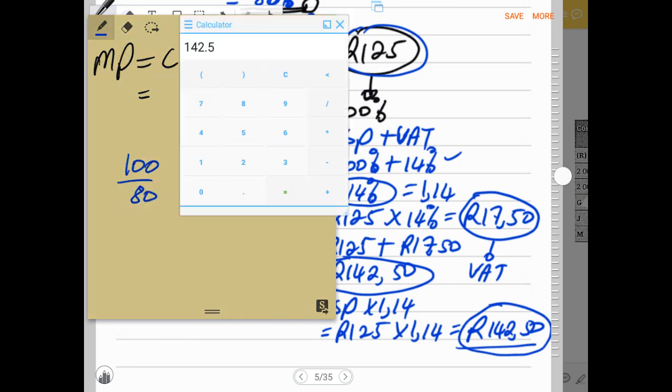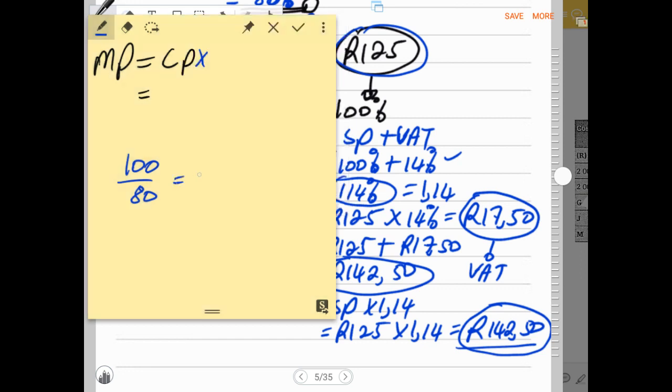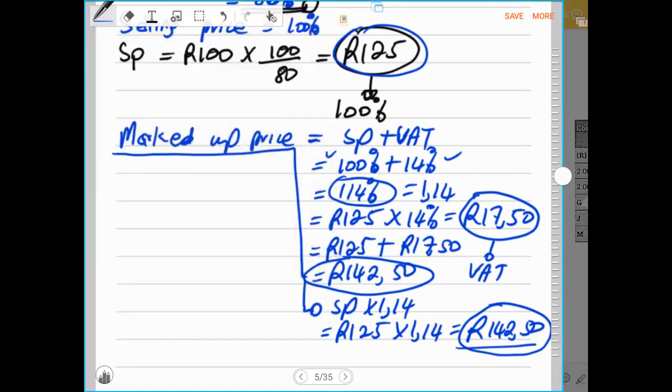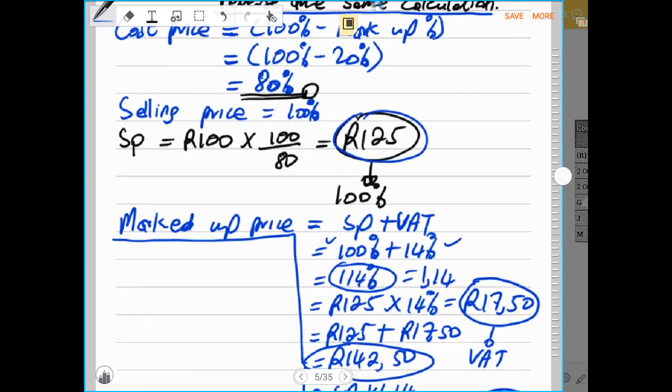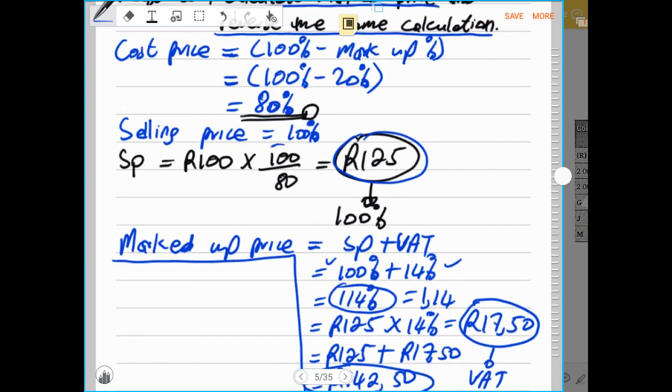Let us check what decimal that will be. 100 divided by 80 will be 1.25. Therefore now this will be 1.25, which is that 100 divided by 80 that we used to multiply our cost price by.